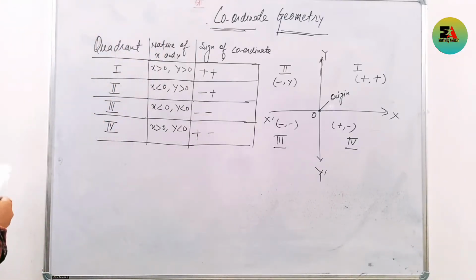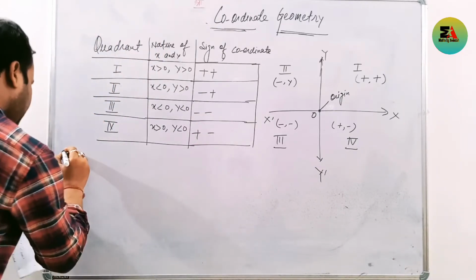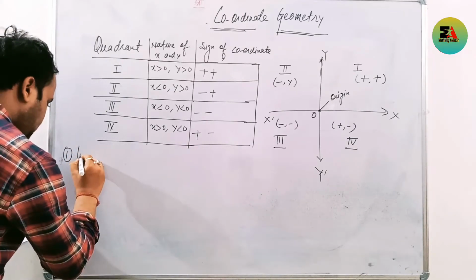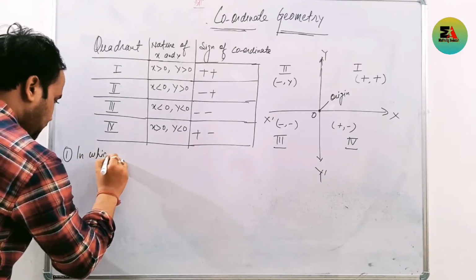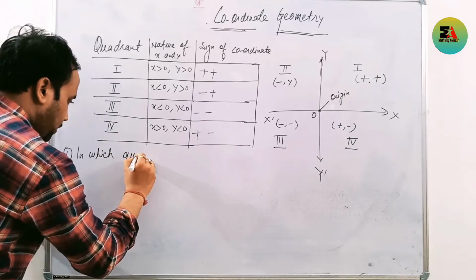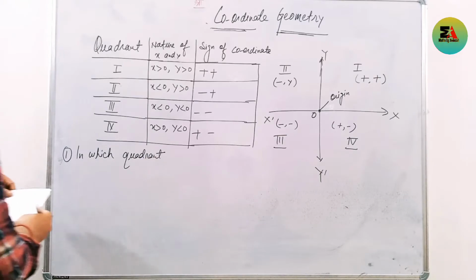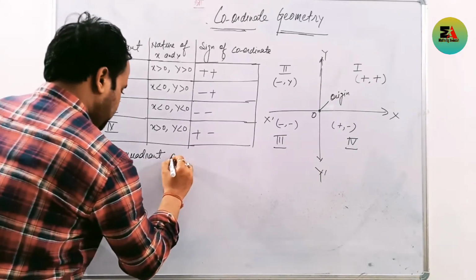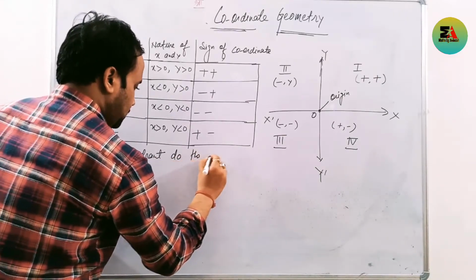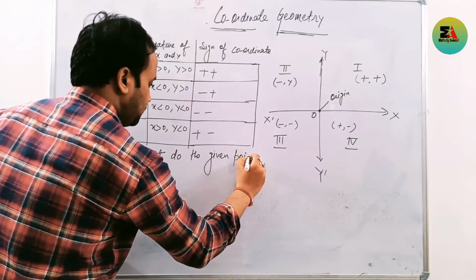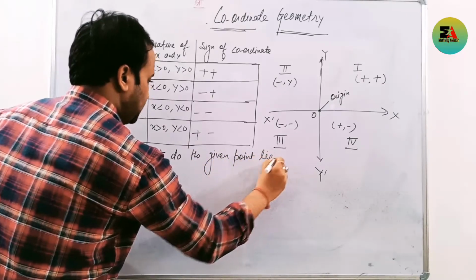Take some examples. This is the first question. The question says, in which quadrant does the given point lie?